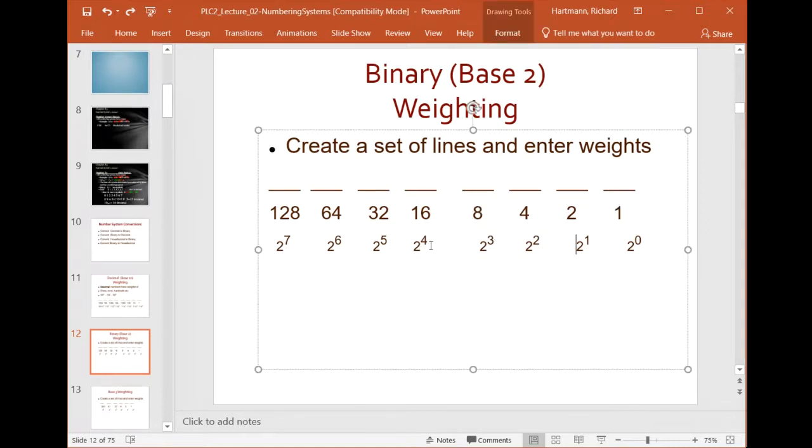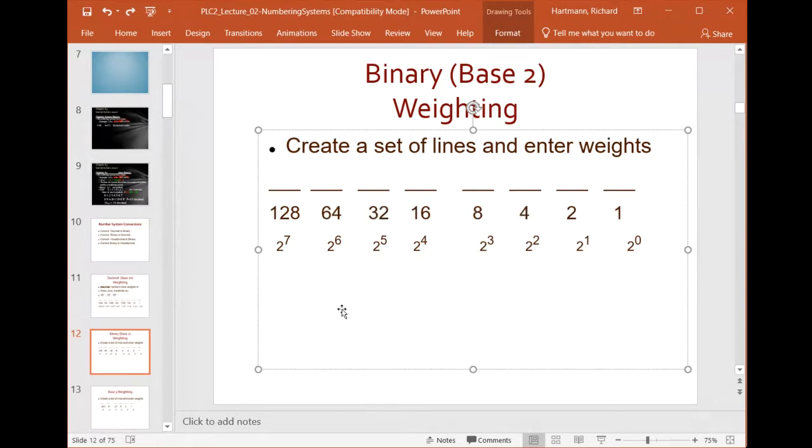Since we're doing binary, the next column is 2 to the 1, the twos column, then the fours column, the eights column, the 16, and the 32.